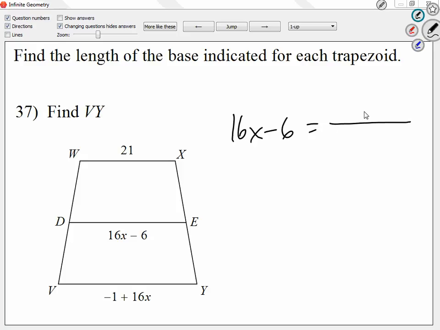So I'm going to have 21 minus 1 plus 16x, and at the bottom, over 2. We can simplify the top as 20 plus 16x. Right, 21 minus 1 simplifies to 20.